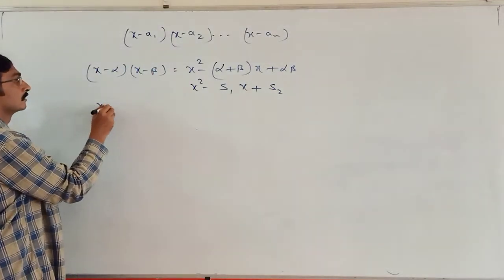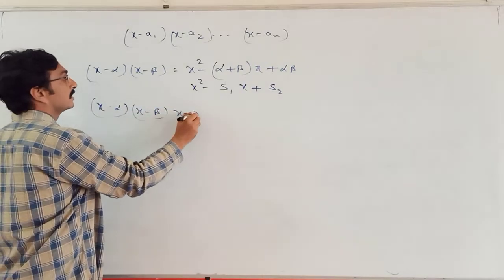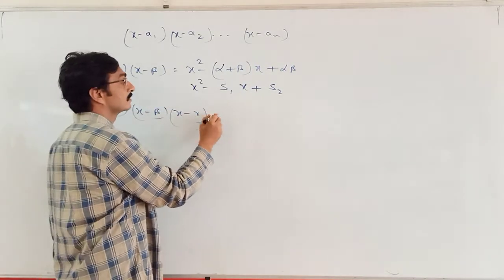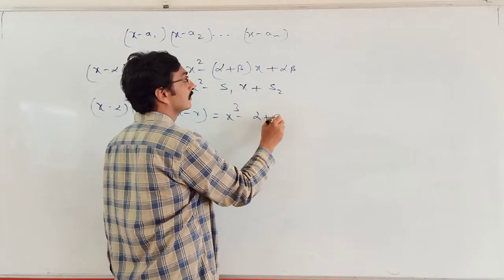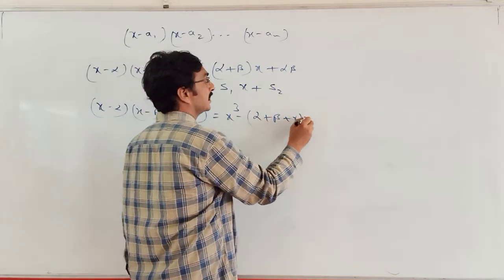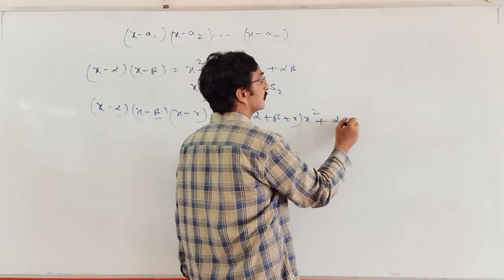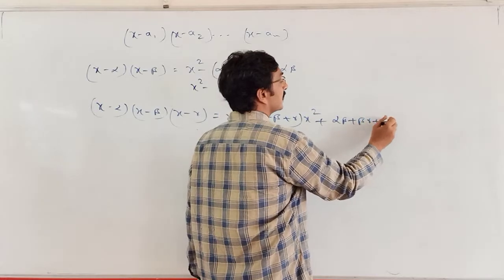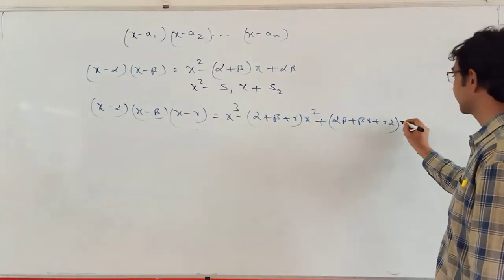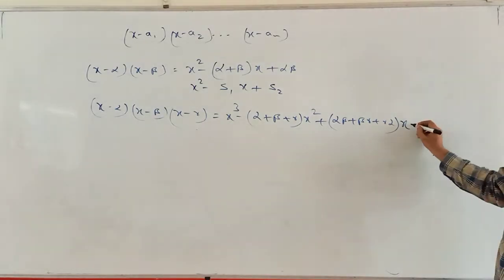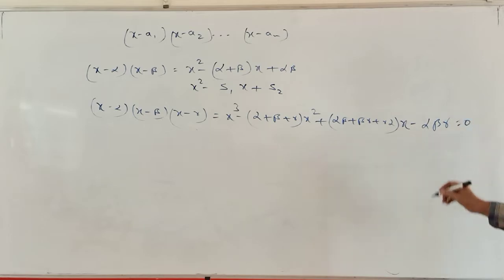Similarly, the value of (x minus alpha) into (x minus beta) into (x minus gamma) is, by ordinary simplification, x cube minus (alpha plus beta plus gamma) into x squared plus (alpha beta plus beta gamma plus gamma alpha) into x minus alpha beta gamma equal to 0.